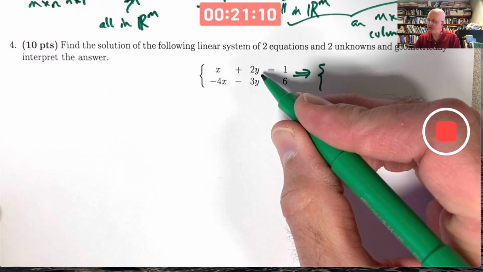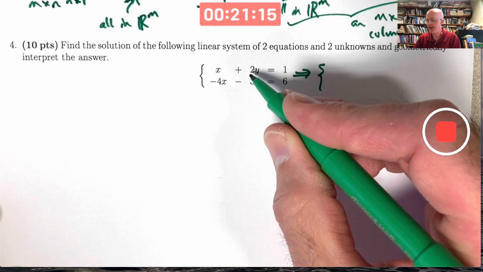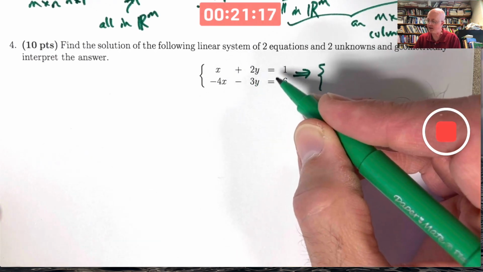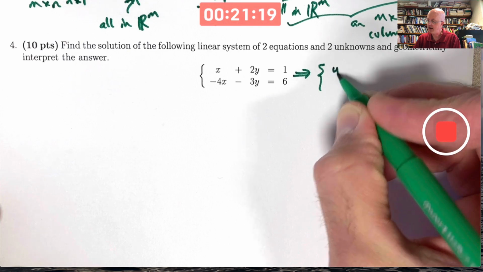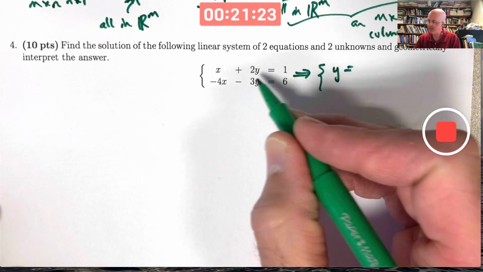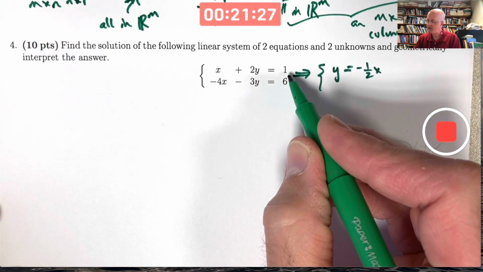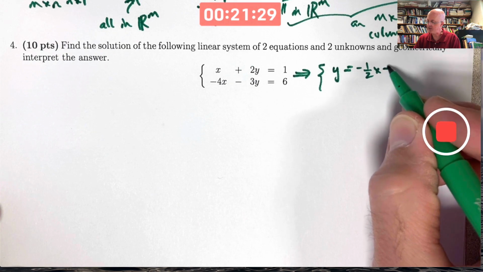So for example, with this first equation, I could subtract x from both sides to cancel on the left, and then divide both sides by 2 to get a y on the left. I'd get y equals, if I subtract x, a minus x on the right. Divide by 2 gives me minus 1/2 x. I already have a plus 1 over there. After I divide by 2, I get a plus 1/2.